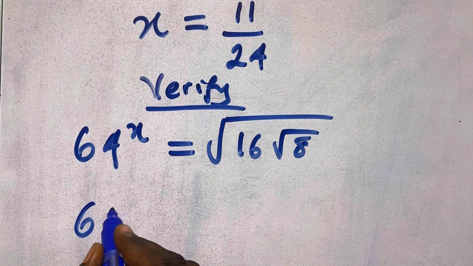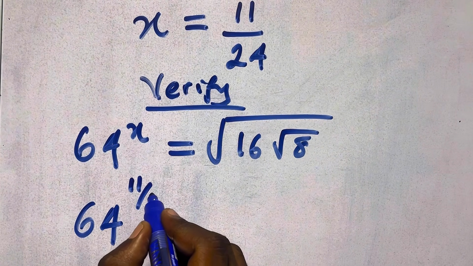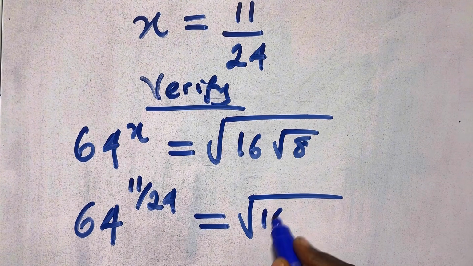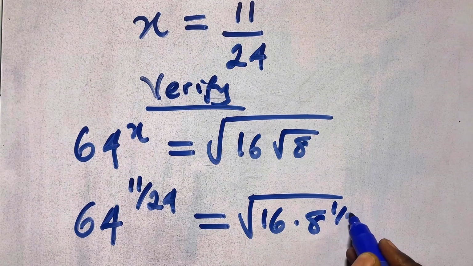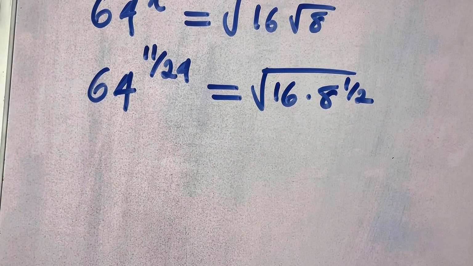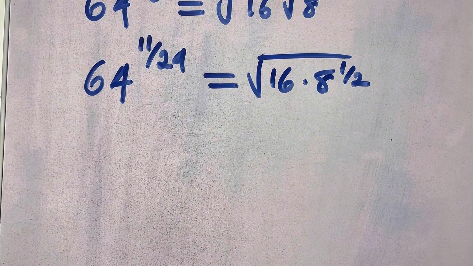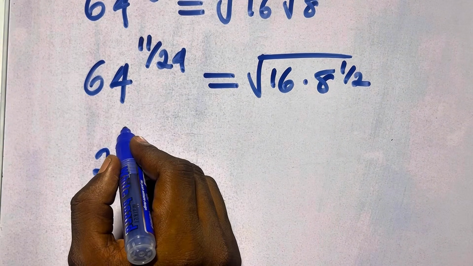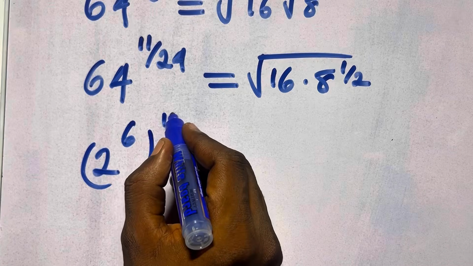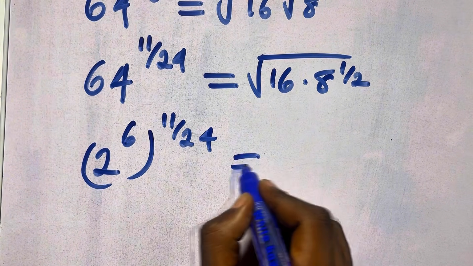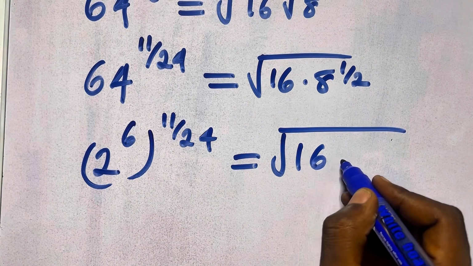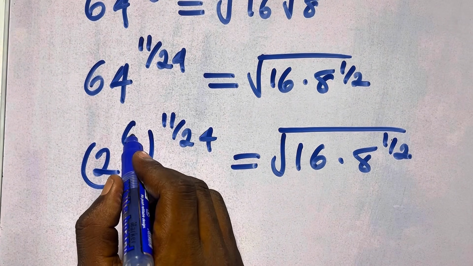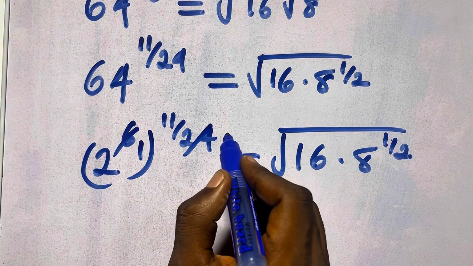So we have 64 raised to the power 11 divided by 24 equals square root of 16 multiplied by 8 raised to the power 1 over 2. Let's express 64 as 2 raised to the power 6, then 11 divided by 24. Here 6 and 24 give us 4.